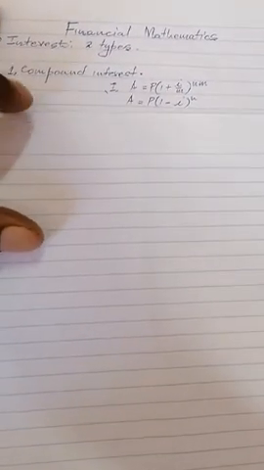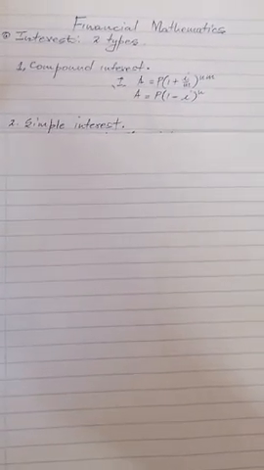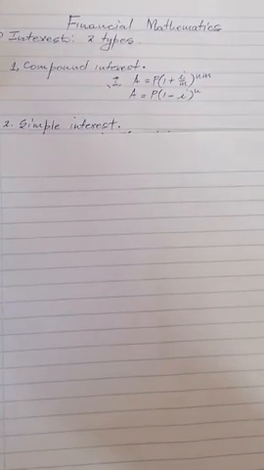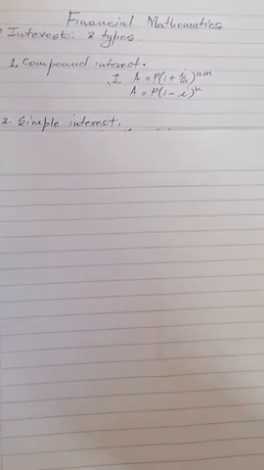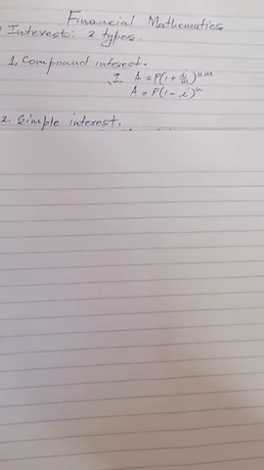Let's move to the second type now. The second type is what is known as simple interest. What is simple interest? Simple interest is whereby interest is charged based on the original amount.